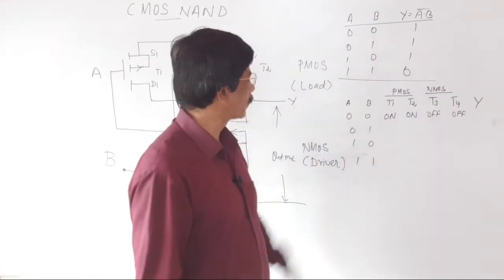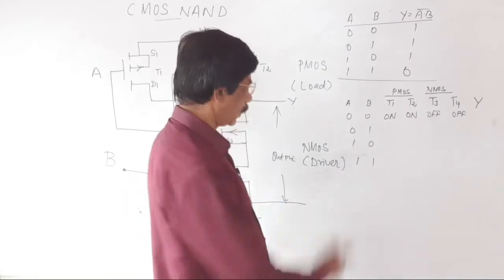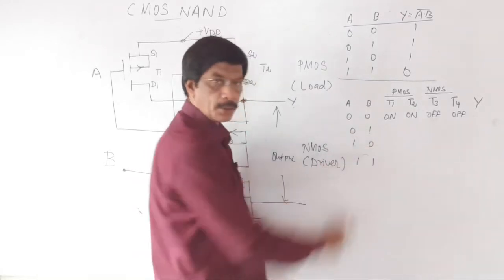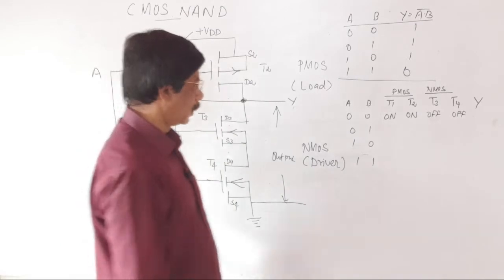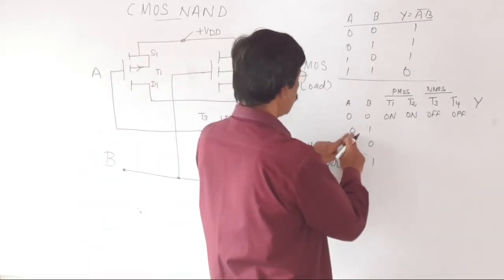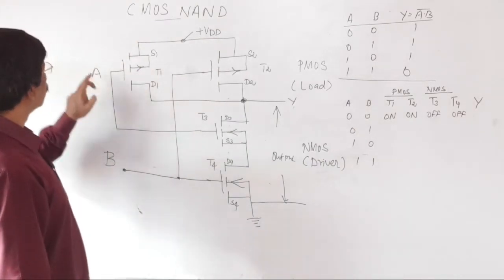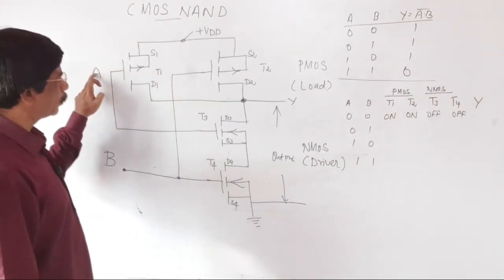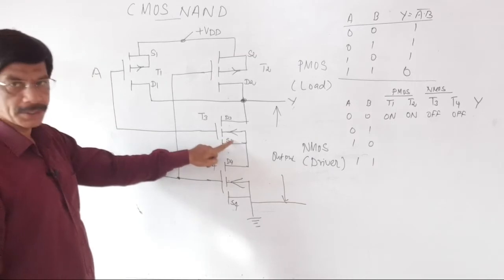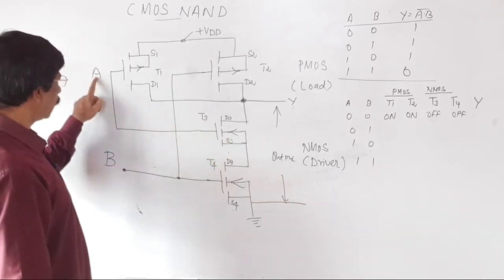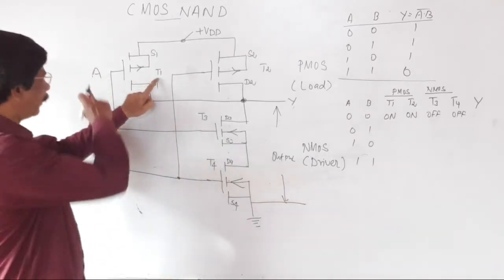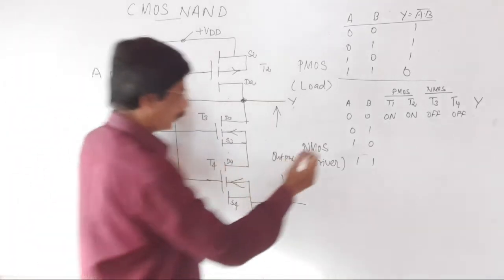The second case: A is equal to 0, B is equal to 1. The 0 signal A is connected to T1, a PMOS transistor, so T1 is on.